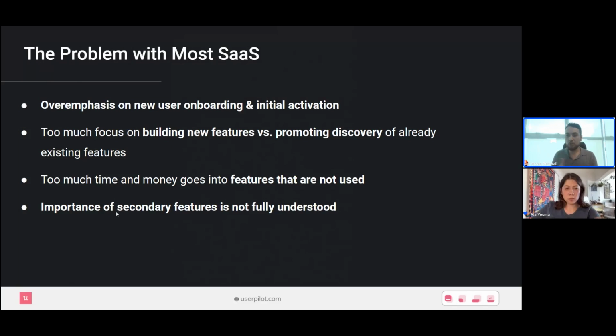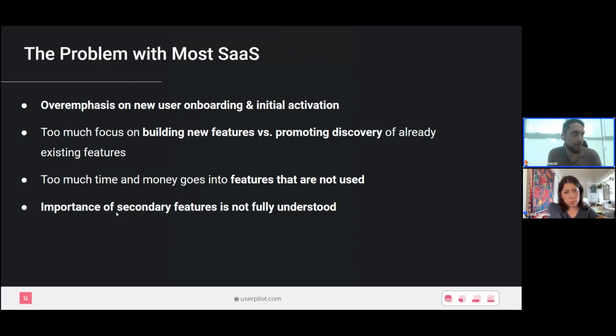What becomes harder, talking about very complex B2B software, is that if you have two or three core features, it's easy to push people to them. But what happens with the other 97 features that are very complex? When do you push them? That is the problem: you're focusing too much on building rather than pushing these existing features.